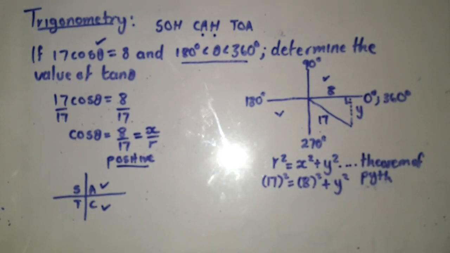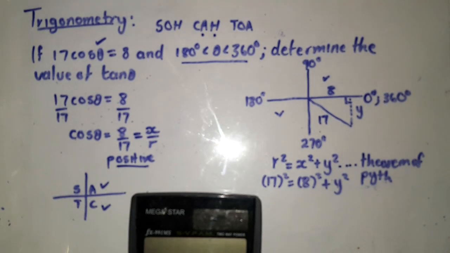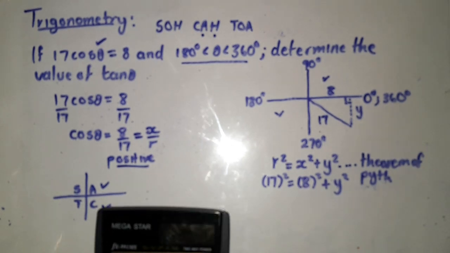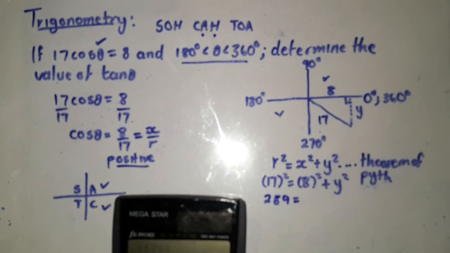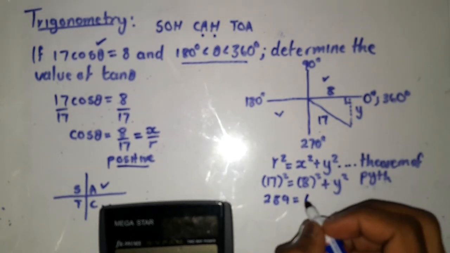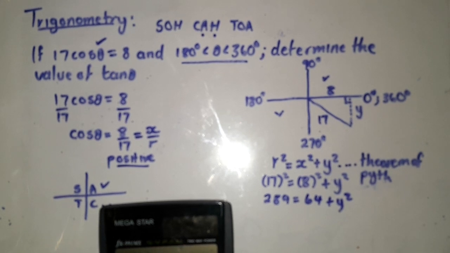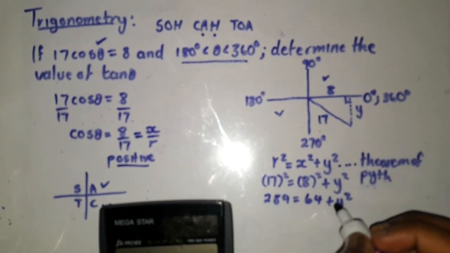Here's my calculator. 17 squared, don't forget to include the brackets, is 289. 8 squared is 64, plus y squared.